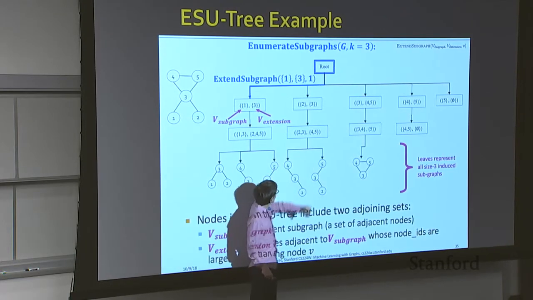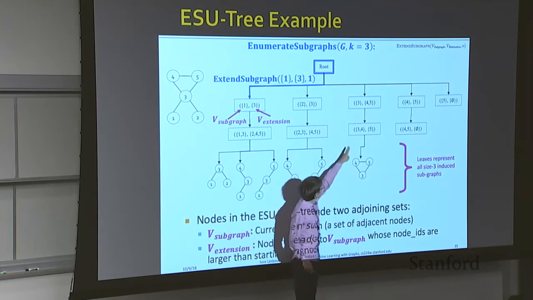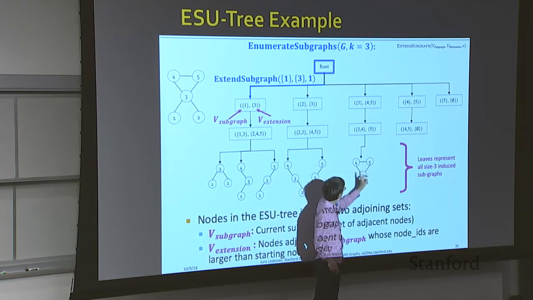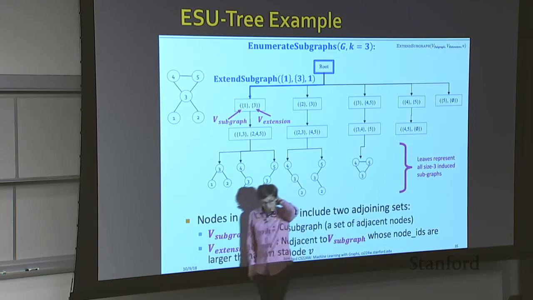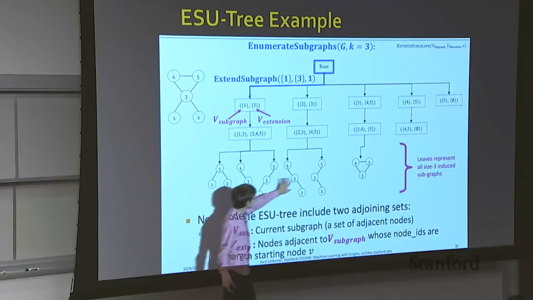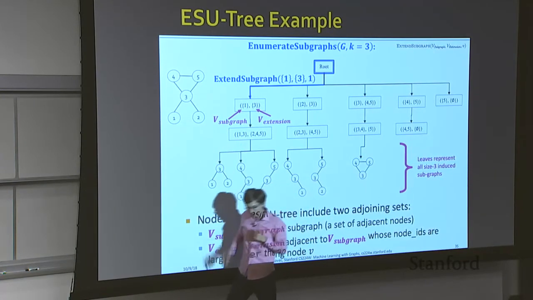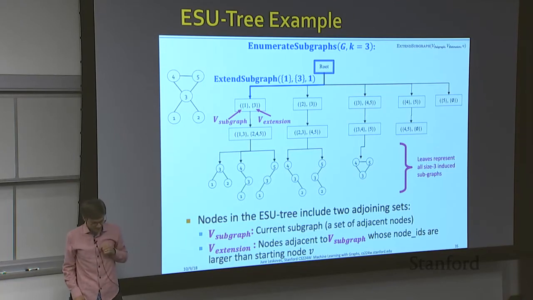Then from this one, I generate the other 2, right? And then from this one, I generate the last one, which is 3, 4, and 5, right? So this is how I generated all the instances of size 3 subgraphs that appear in my target graph, right?